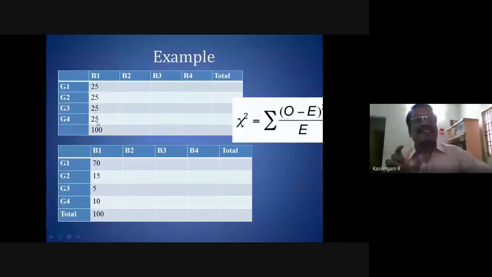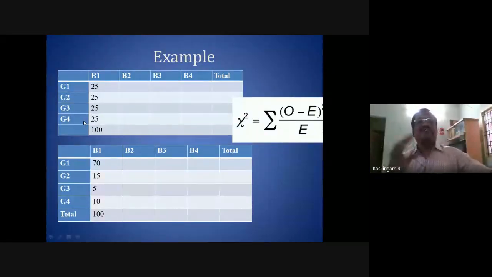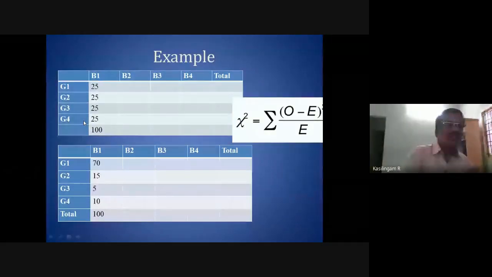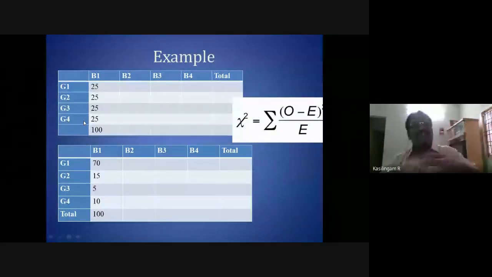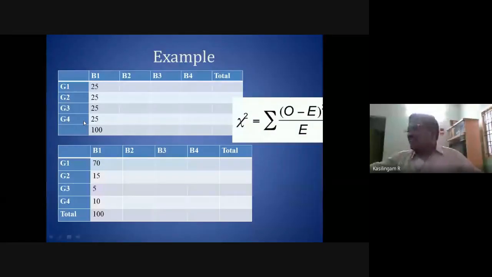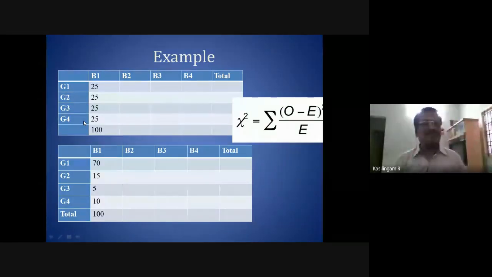This is the expected: 100 divided by 4. Each girl he can sit with, which means no problem. He is treating Kavita also same, Kuili also same, wherever there is a place, he is sitting. So expected is 25.